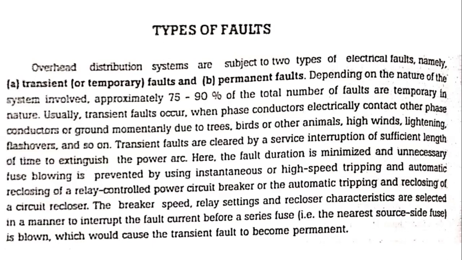If transient faults are caused by tree branches, boats or other animals touching the phases, what we do is minimize unnecessary fuse blowings. That is prevented by using instantaneous or high speed tripping and automatic reclosing relays or control power circuits.